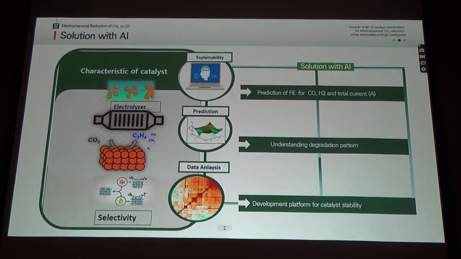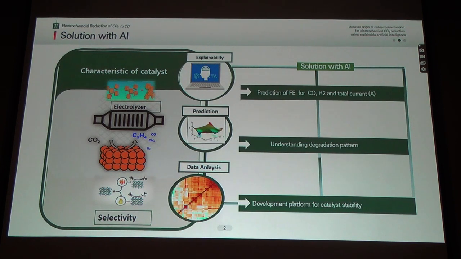So what is our purpose? What have we done in this project? The purpose of this project was to measure the performance of the catalyst using explainable artificial intelligence. What we have done here is that we are able to predict the Faraday efficiency of the carbon monoxide, the Faraday efficiency of the hydrogen, and the total current.